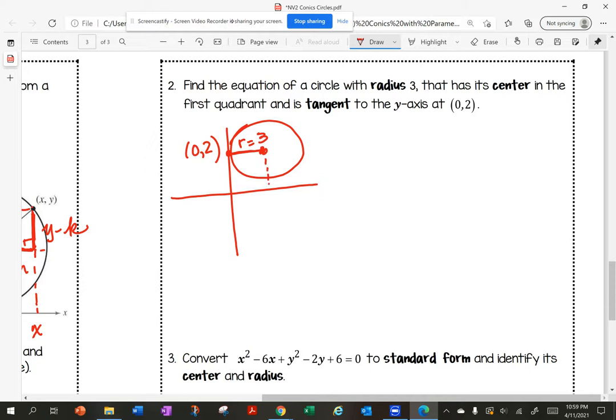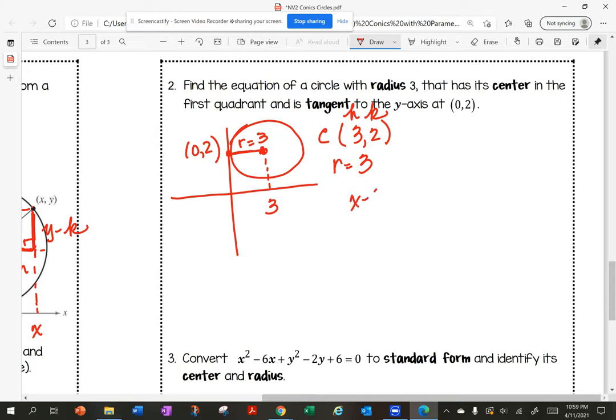So if my radius is 3, I know this is 3. So I know the center of my circle. My h value is 3. My k value is 2. So my center is at (3, 2). And the radius is 3. So now I can substitute into my equation.